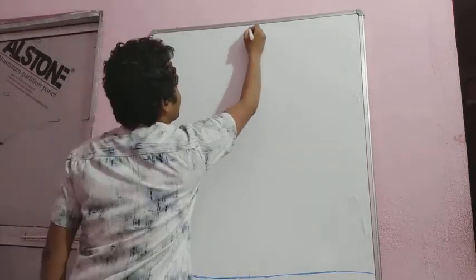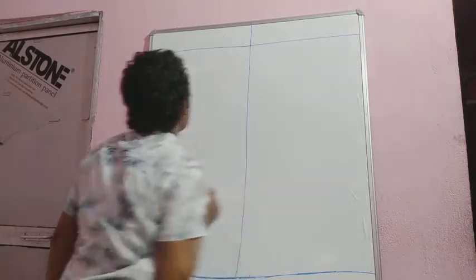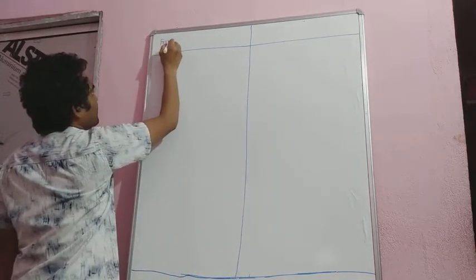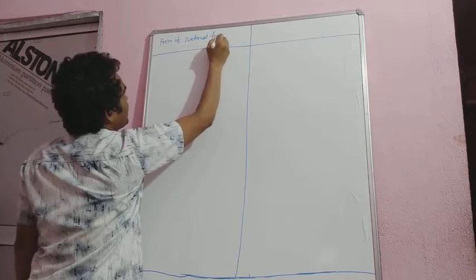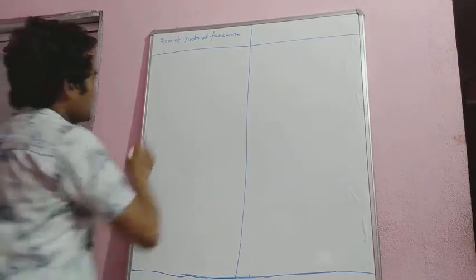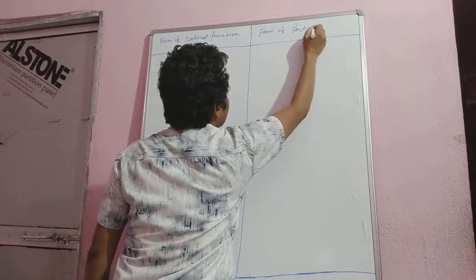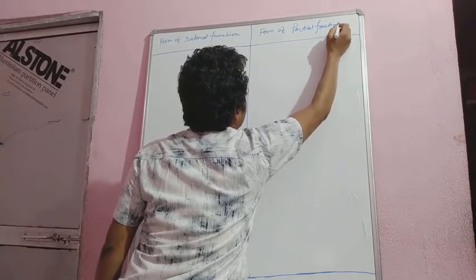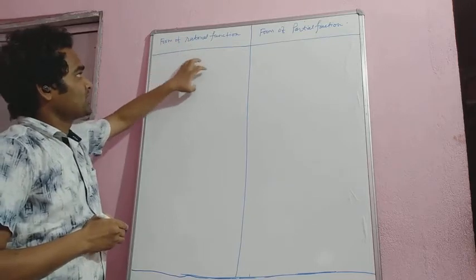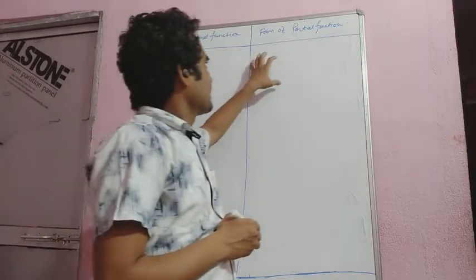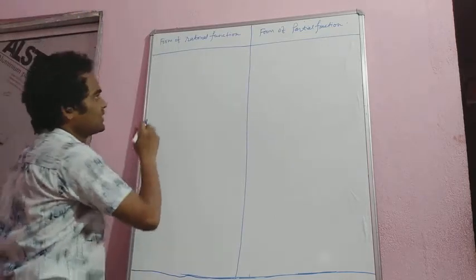Now students, we will discuss some forms of rational functions and their particular forms of partial fractions. That means, for which type of rational function, how can we express its partial fractions?